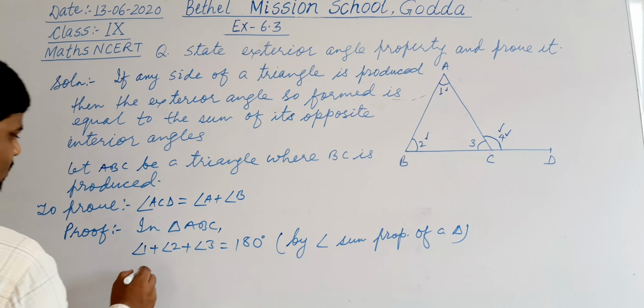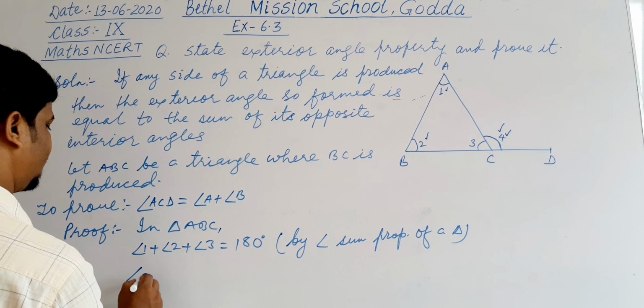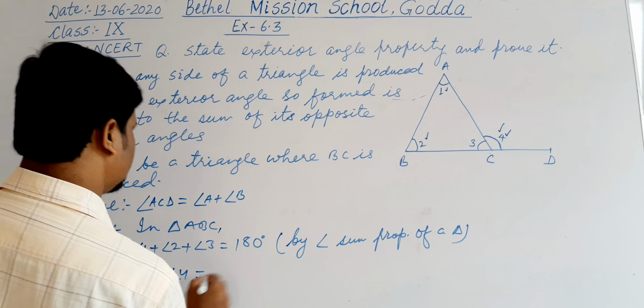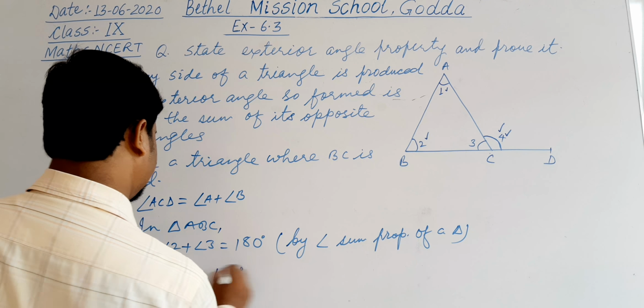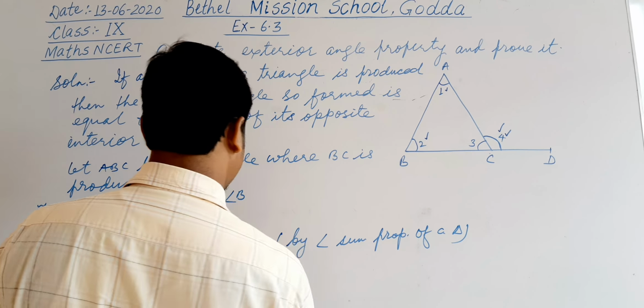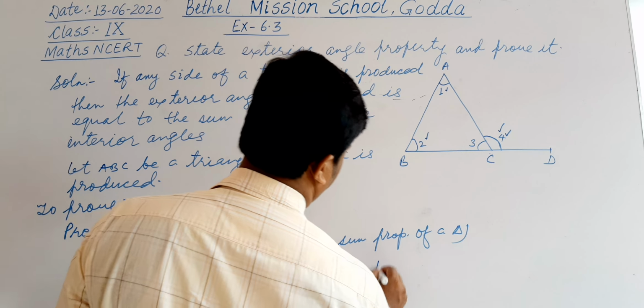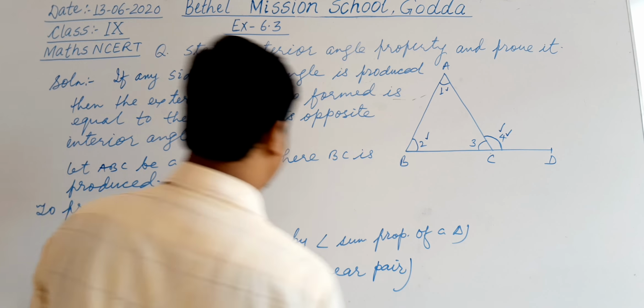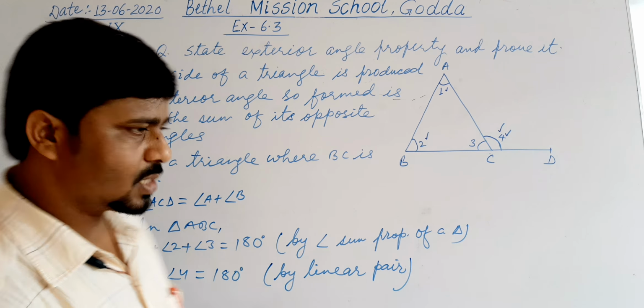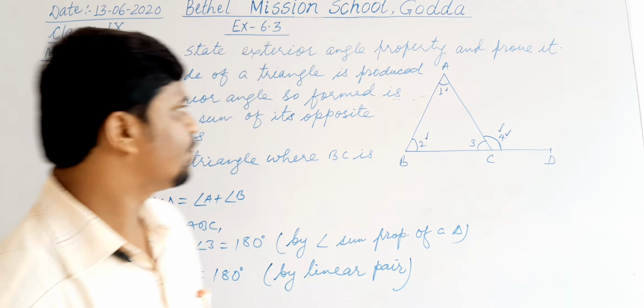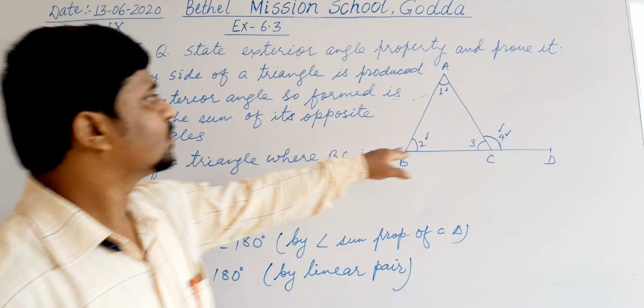After that, angle 3 plus angle 4 equals 180 degrees. Why? This is by linear pair. And about the linear pair we have already discussed in the previous session.